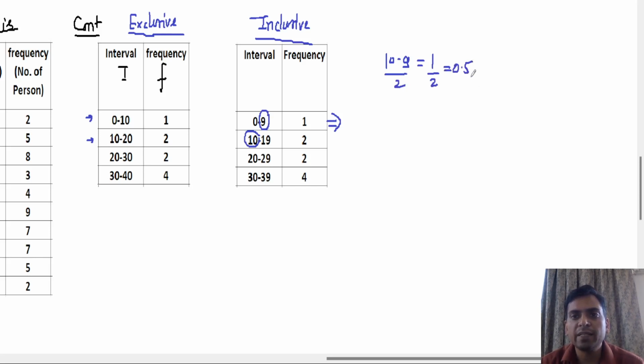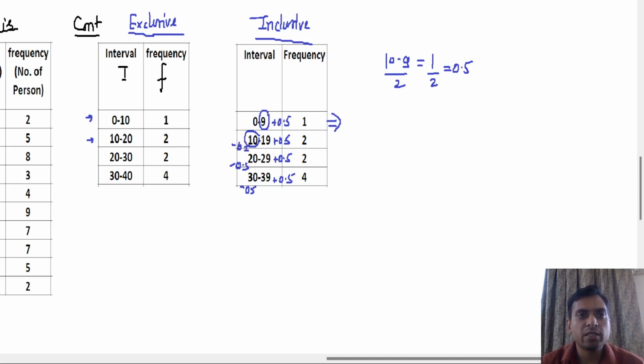So you will add this 0.5 to all these upper limits, and you will subtract this 0.5 from the lower limits. That means you have to add 0.5 to 39.5 and 29.5, and subtract 0.5 from the lower limits: 30 minus 0.5, 20 minus 0.5 and 10 minus 0.5. You need to do this.